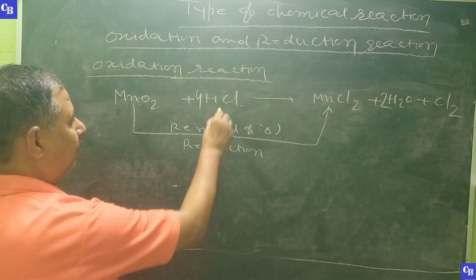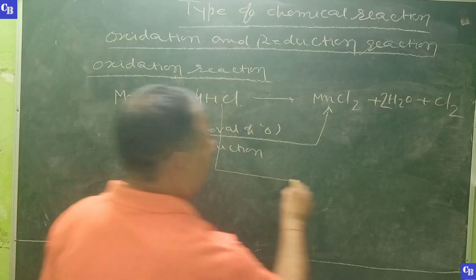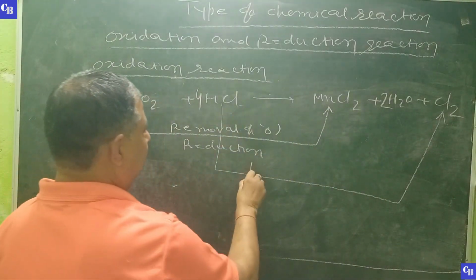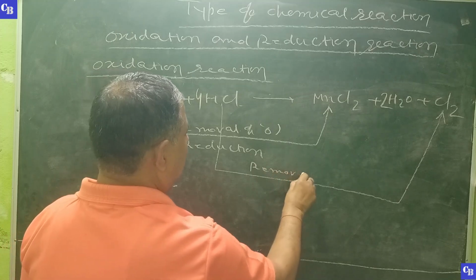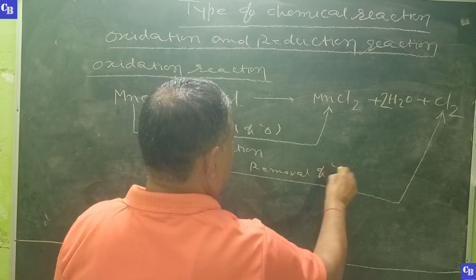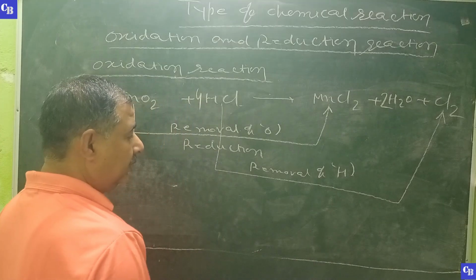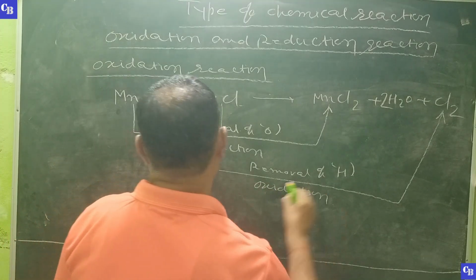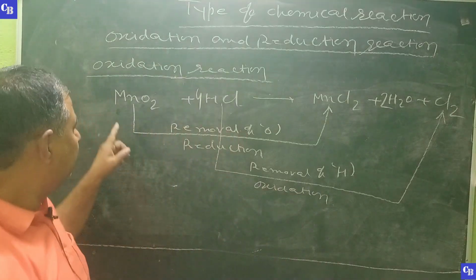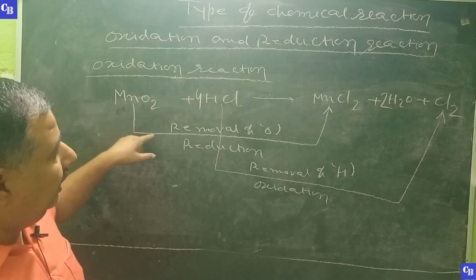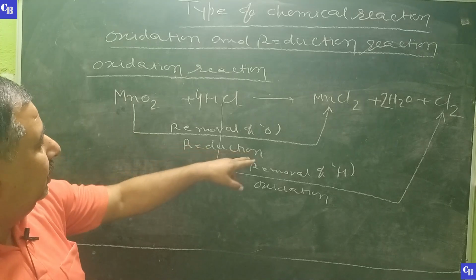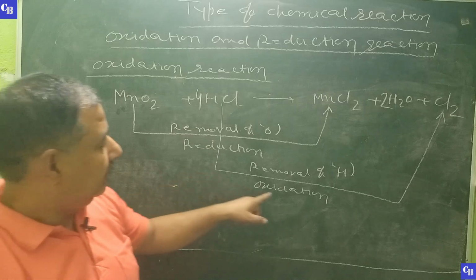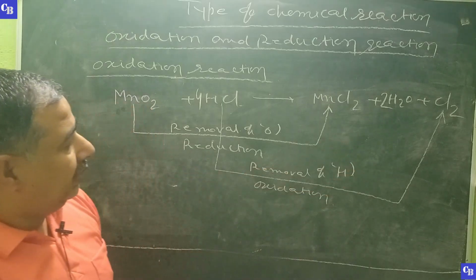And from HCl, hydrogen is removed. Removal of hydrogen is called oxidation. So you recognize that MnO2, manganese dioxide, is reduced to MnCl2, and HCl is oxidized into Cl2.